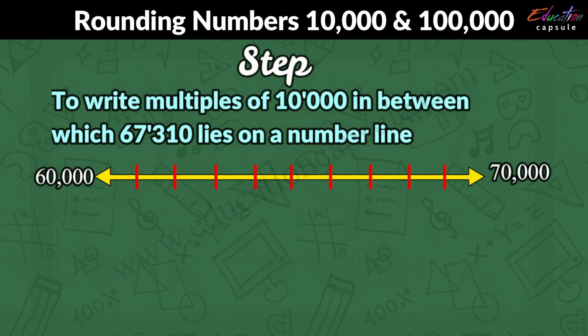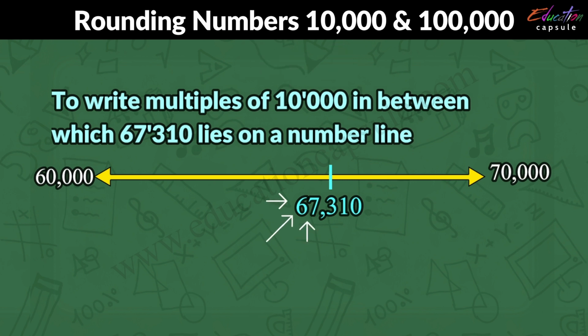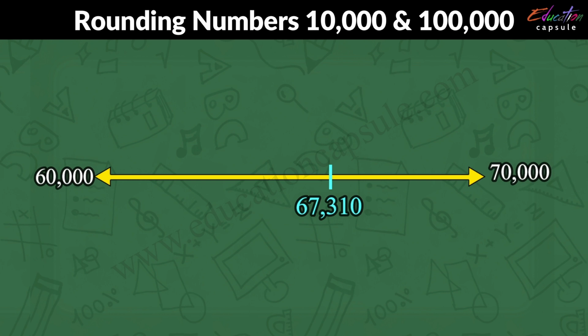Step 2 is to mark 67,310 on the number line and find the multiple which is closest to 67,310. So, 67,310 rounded to the nearest 10,000 is 70,000.